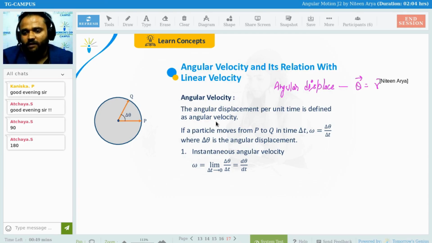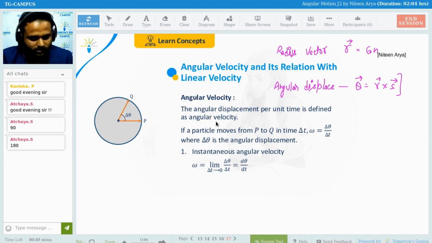Theta is r cross s, right? Here r can be fixed. r is a constant vector, the radius vector. Beta, r is going to be constant because it is the radius of a circle, right?